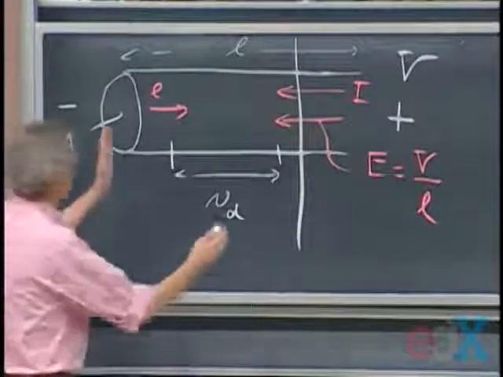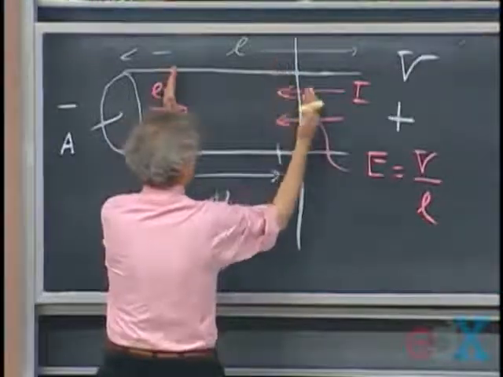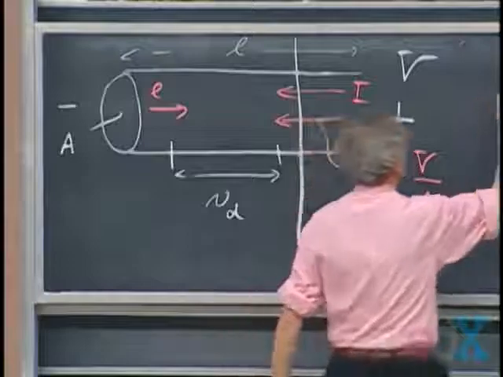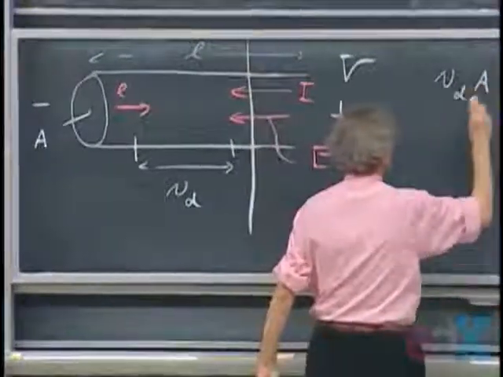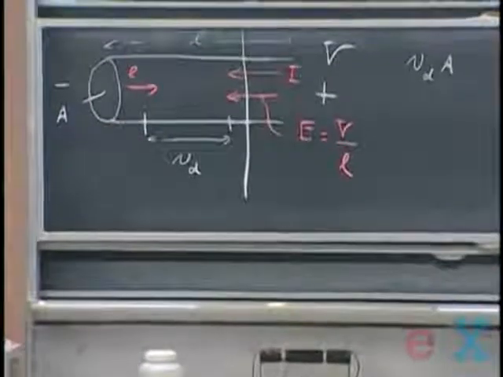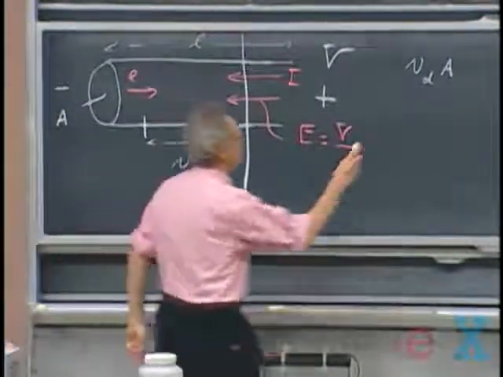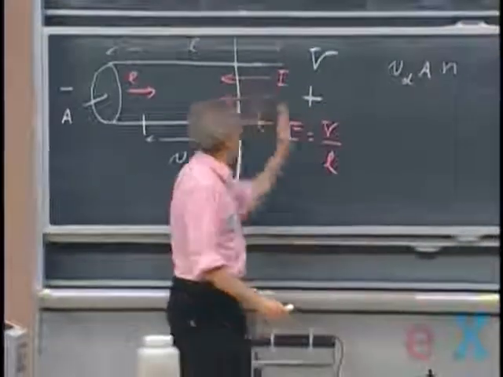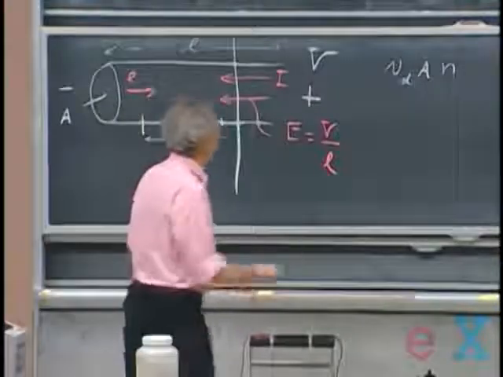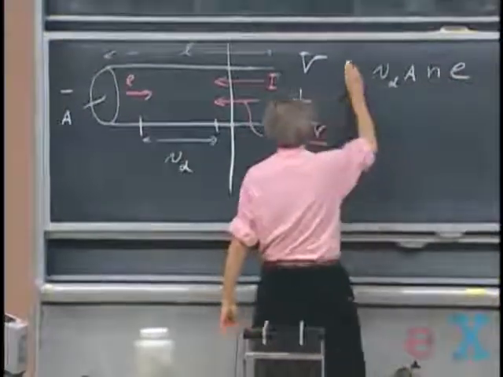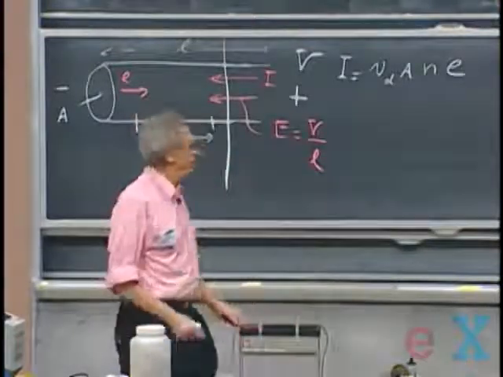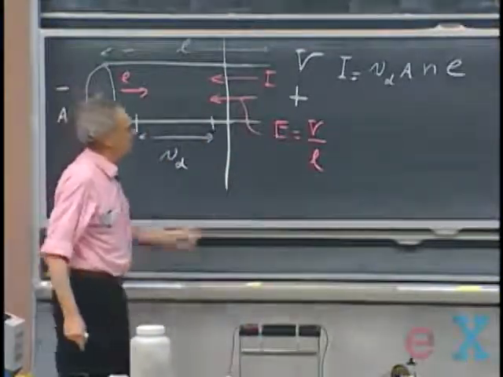In 1 second, the volume that passes through here is v_d times A. But the number of free electrons per cubic meter is called N. So this is now the number of free electrons that passes per second through any cross-section. And each electron has a charge e. And so this is the current that will flow. The current, of course, is in this direction, but that's a detail.